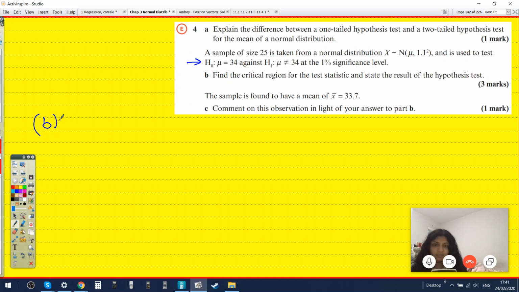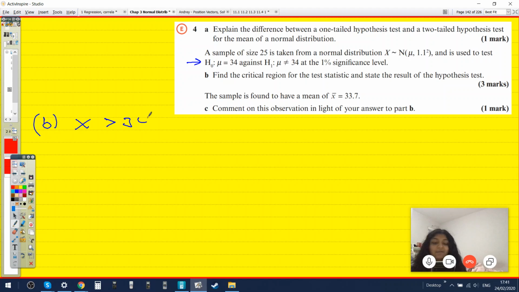And the significance level is the same as the previous one. So x is greater than 34.567 and x is less than 33.433.